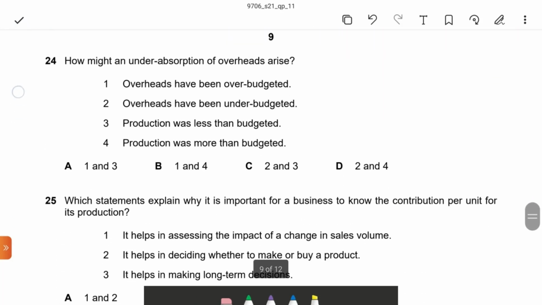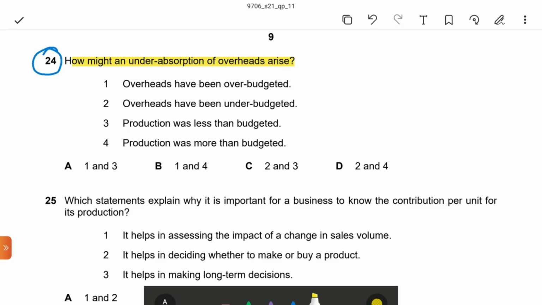Next, question number 24. How might an underabsorption of overhead arise? So, first one, overhead has been over budgeted.